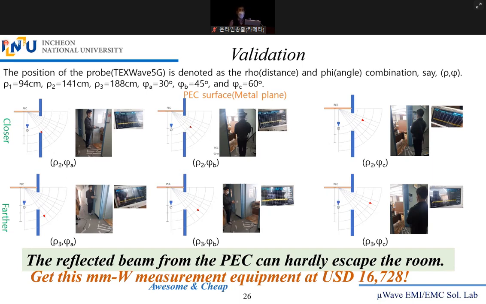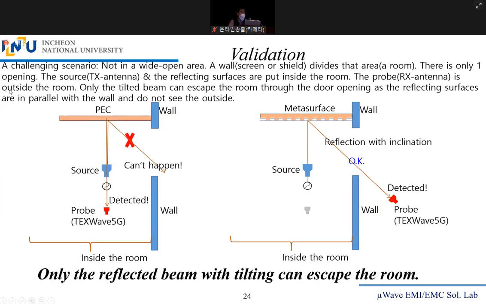So we took this very strict and stringent environment for our test. Here, the wall. If this is a simple metal surface, and especially if your metal surface is well designed, you can detect the energy farther.